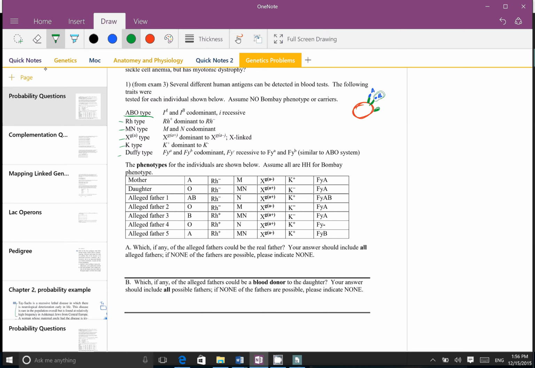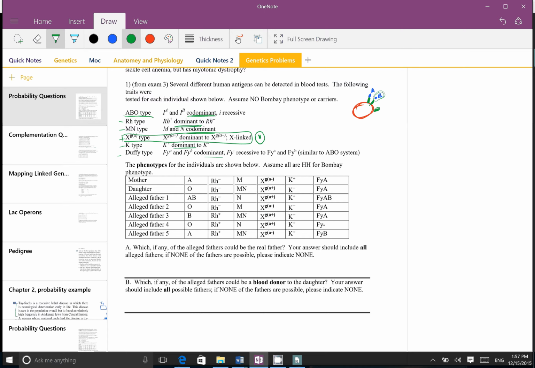For ABO, it has codominance. Then here you have the normal dominance, the one that we're used to, dominant versus recessive. M and N is codominant, and then this is the only one that is X-linked, and then we have a dominant case again, and then codominance. The way to solve questions of who's the father or who could be a donor, the first thing you look at, preferably, is anything that's X-linked.